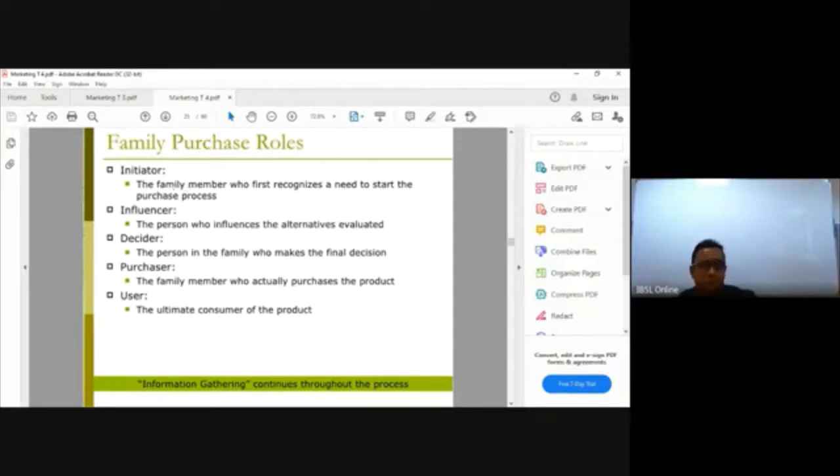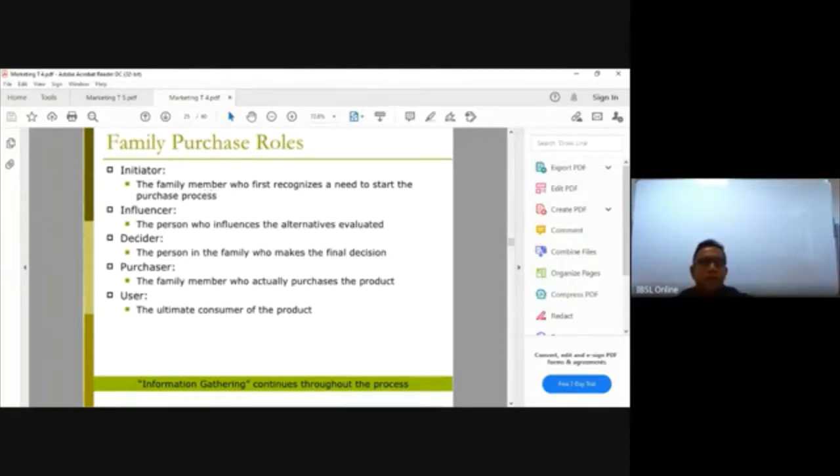Shall we buy a car? Or younger children might say, our television is not working properly. Shall we buy a TV? We need to buy a new color TV. This type of initiation comes from your family.